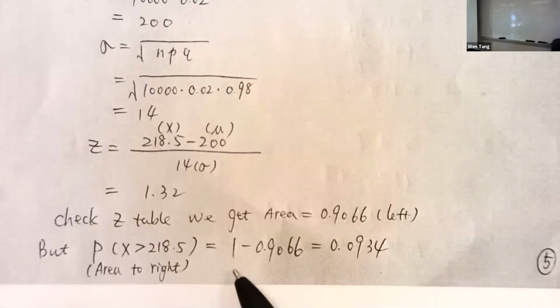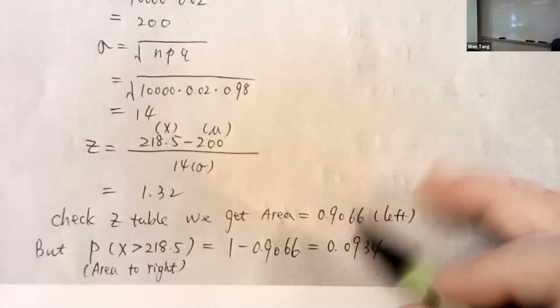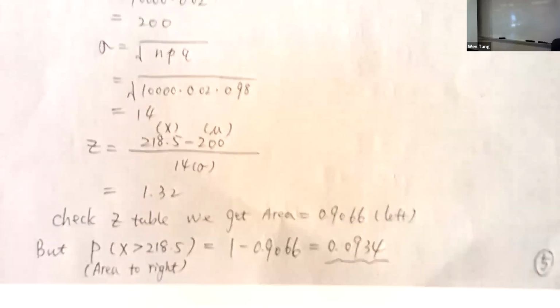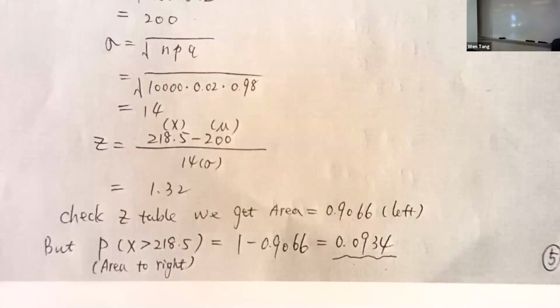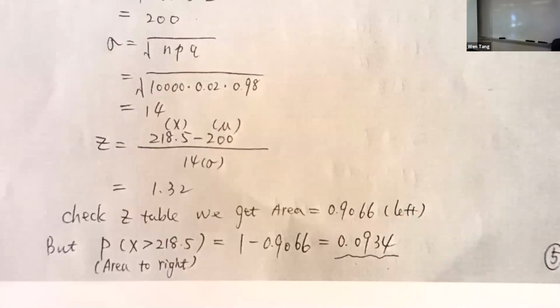We're going to do one more step. Total area minus the area from the left, and we get the area to the right. That will be the final answer to our question. Okay, so the whole question has several steps.